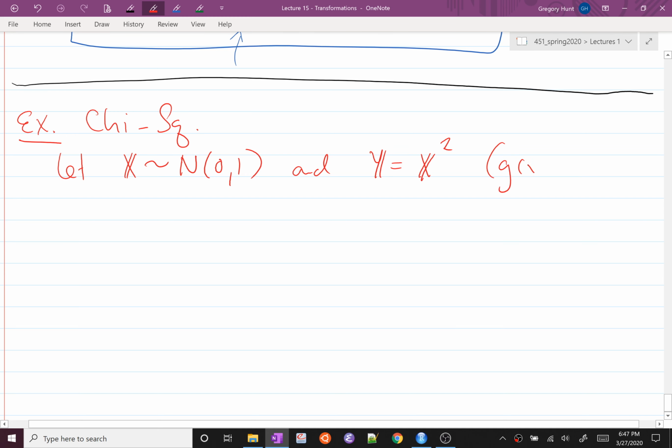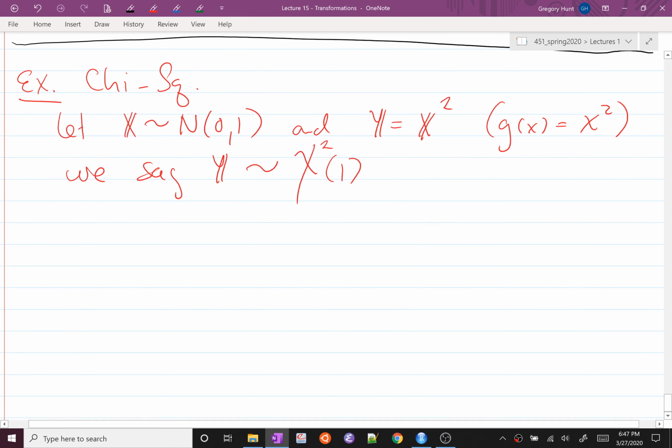So g of x in this case is x squared. We say that y has a chi-squared distribution with 1 degree of freedom. We write that capital chi with the square and parentheses 1. The 1 is degrees of freedom. In this case, degrees of freedom is 1. So the square of a normal is called the chi-squared with 1 degree of freedom.